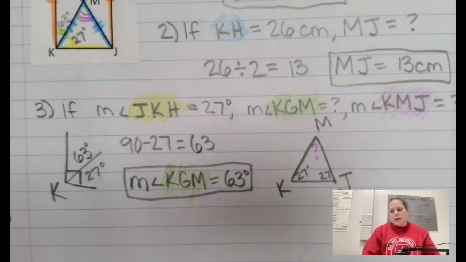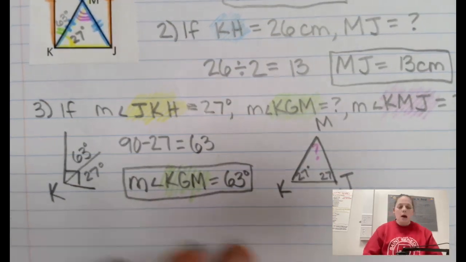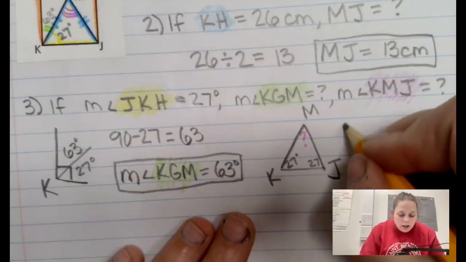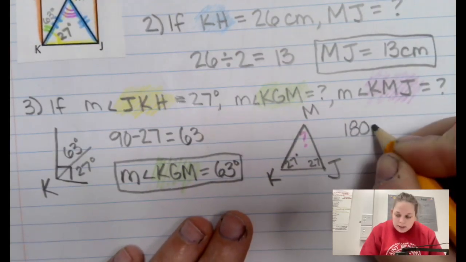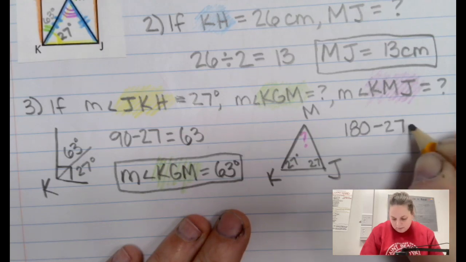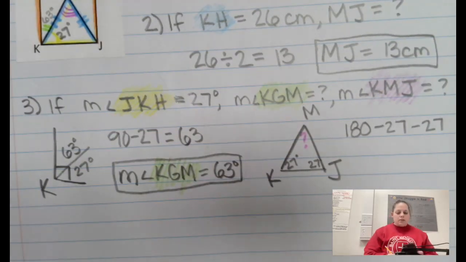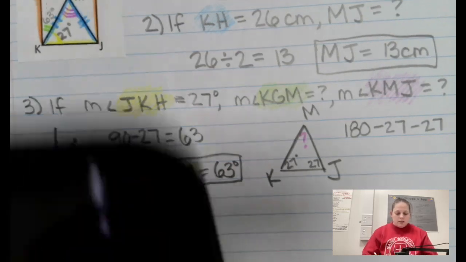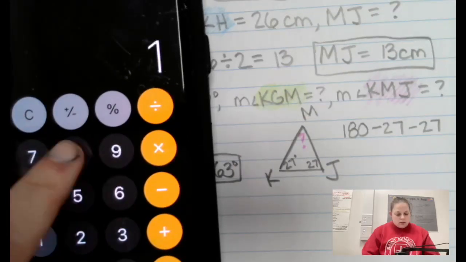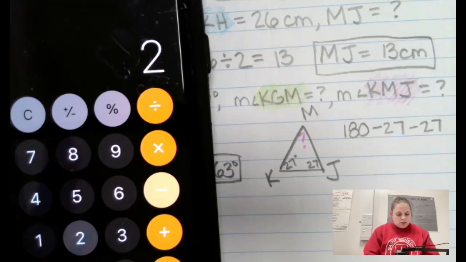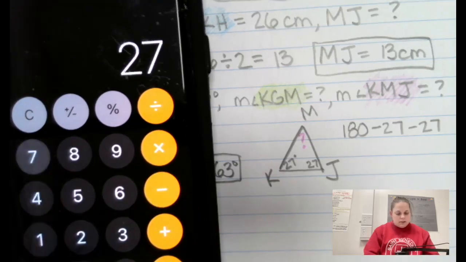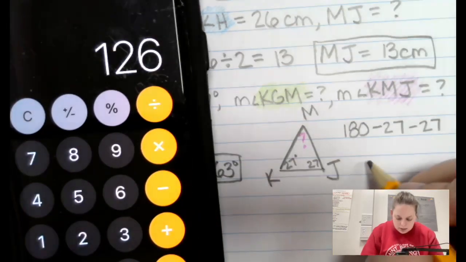Oh, now it's just a triangle problem. We've done so many triangle problems. So we know they all add up to 180, so we can just do 180 minus 27 minus 27. Some of you really love to add 27 and 27, then subtract from 180. I'm lazy, so I just like to do 180 minus 27 minus 27. And we get 126.